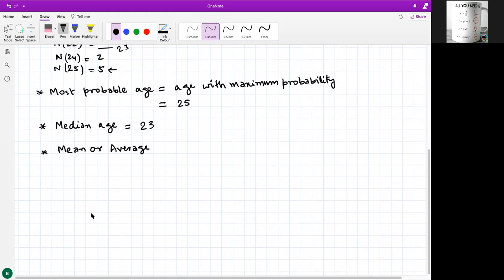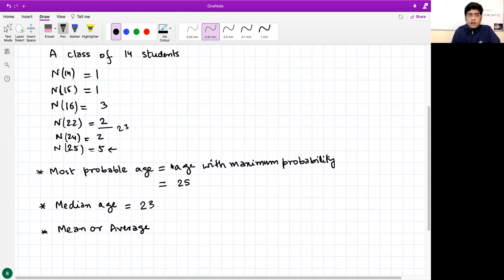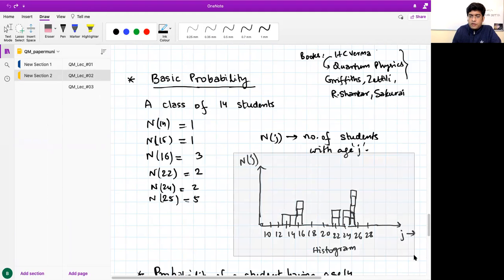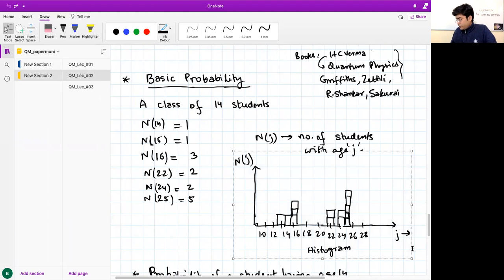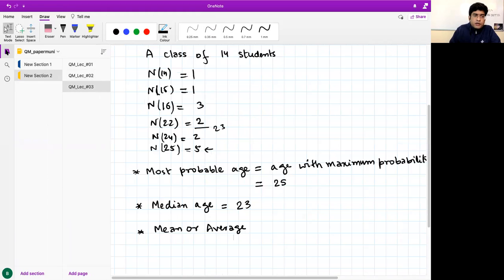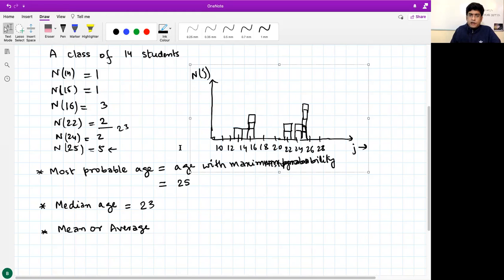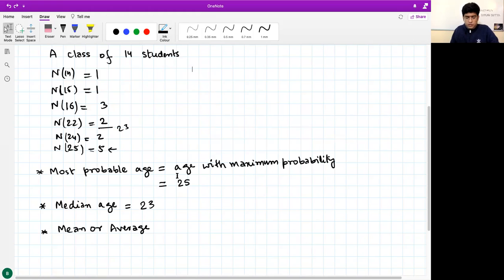How did you calculate the median age, sir? You just have to look at the graph and make the observation. If you see the graph we had drawn last class, which is very ugly to look at, but let's use this. Let me paste it below.